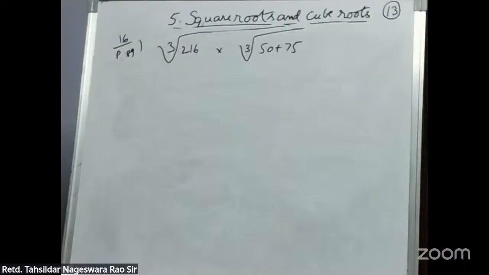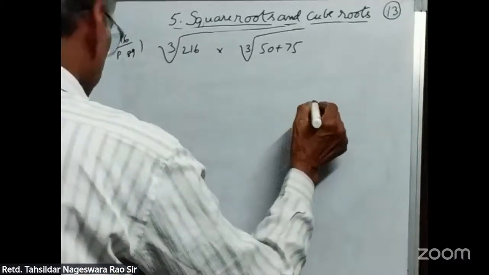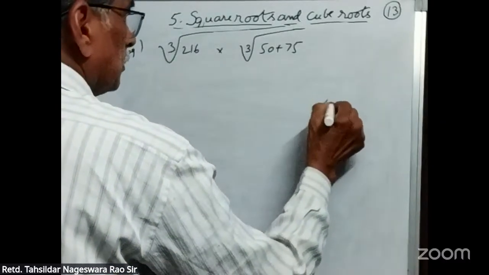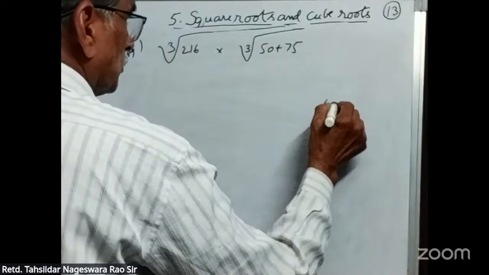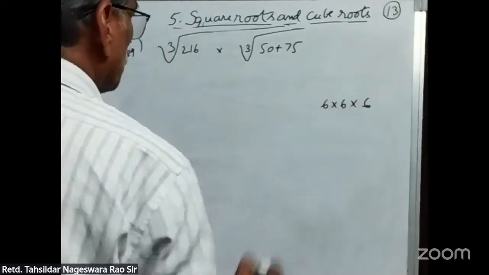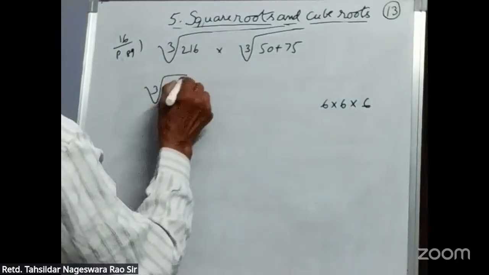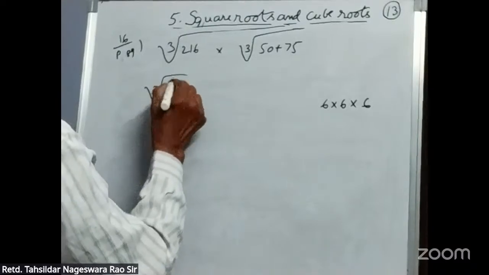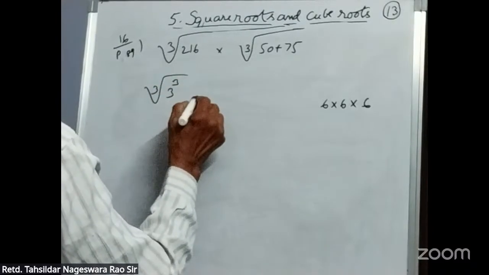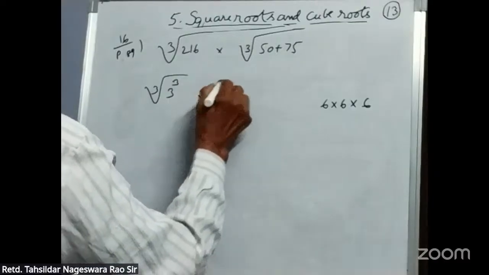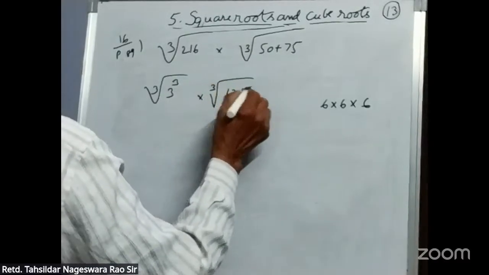For cube roots, there is no specific method, but the only way is factorization. 216 is 36 into 6, that is 6 into 6 into 6, which is 216. So cube root of 216 is 3 cube, 216 into 3 cube, and cube root of 125.